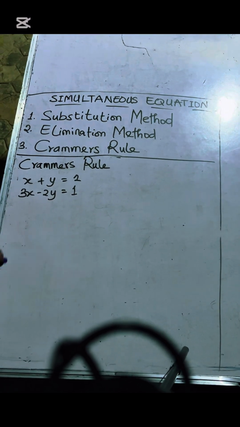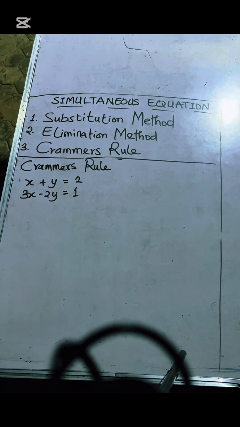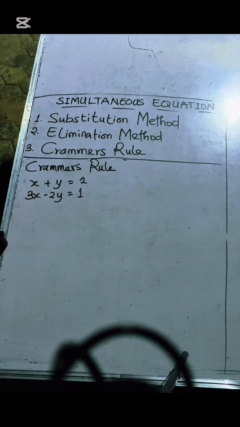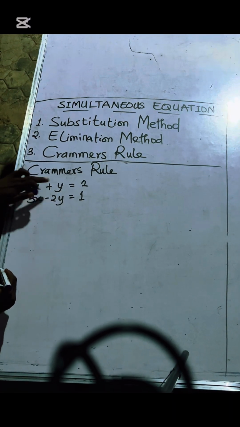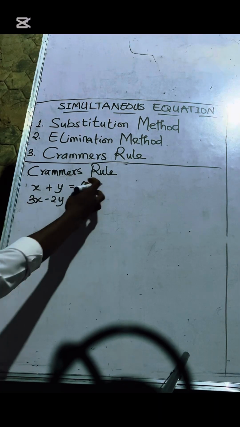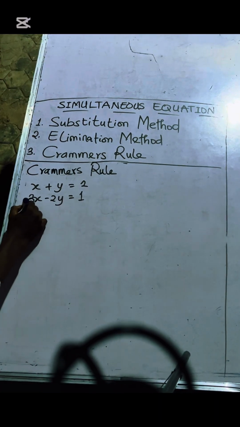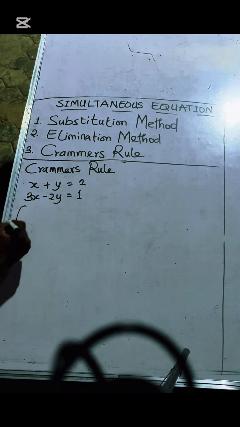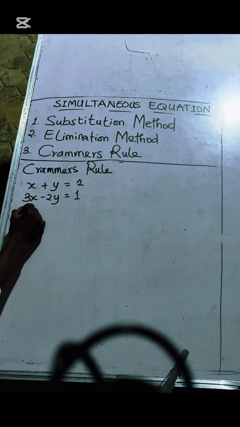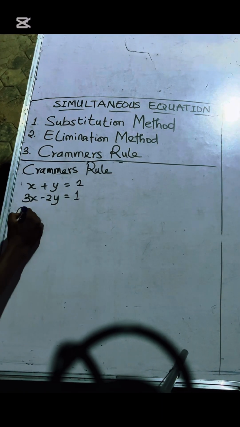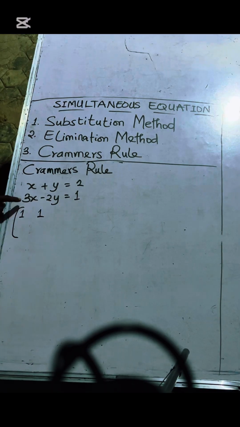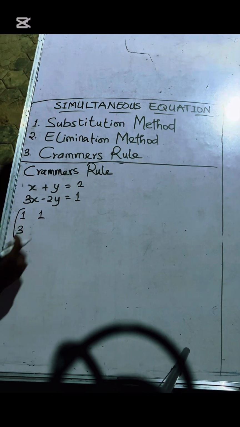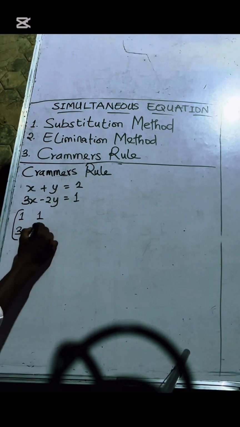In Cramer's rule, take the coefficients and make them in a matrix form. This is what we do. Now, the coefficients of x and y, and then the 2 and 1, we create a row and column for them. The coefficient of x here is what? 1. The coefficient of y there is what? 1. The coefficient of x here is what? 3. The coefficient of y there is what?